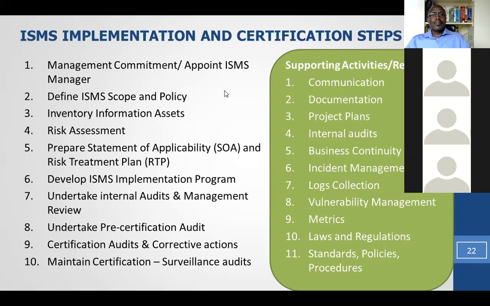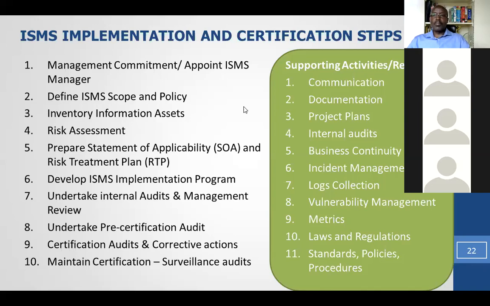So when the auditor comes, they will only audit the management system in as far as the core banking system is concerned, and in as far as the bank headquarters is concerned. They will not be concerned about the other branches or the other systems that the bank may have.